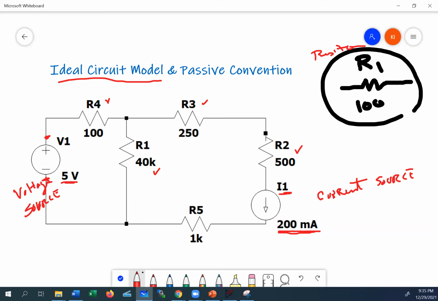Now, an ideal circuit has some specific characteristics. There are three characteristics for an ideal circuit that you need to be aware of. Let me shrink this so I can write it here so we remember. Actually, let me do this. I'm going to copy it from someplace else where I have that information.